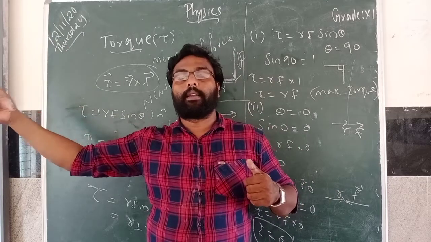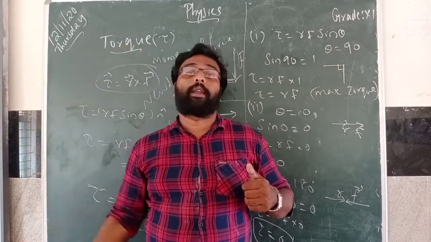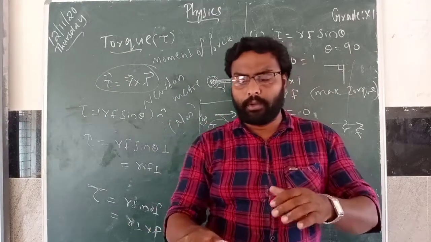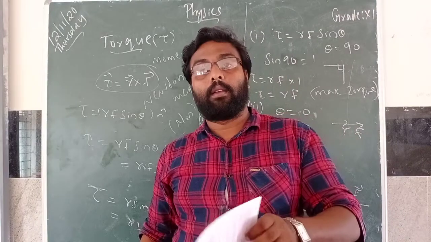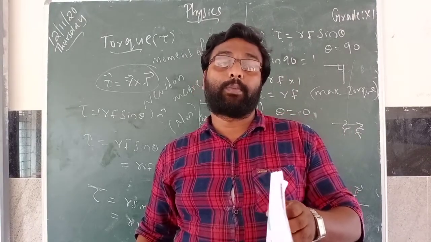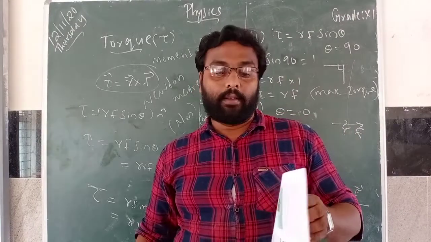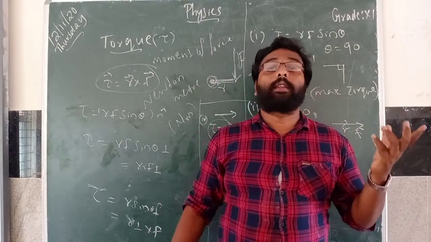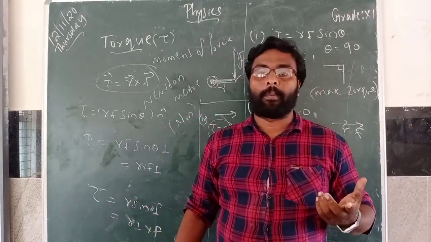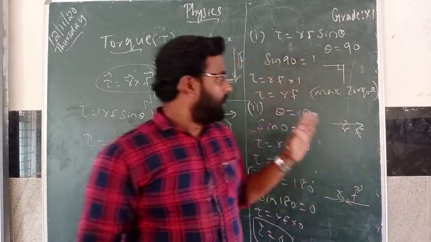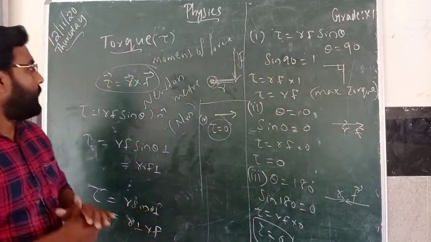Now machines and motors are there to rotate. It is one best example. You can see it in page number 223. While seeing this picture, you will understand. It is also an application of torque.